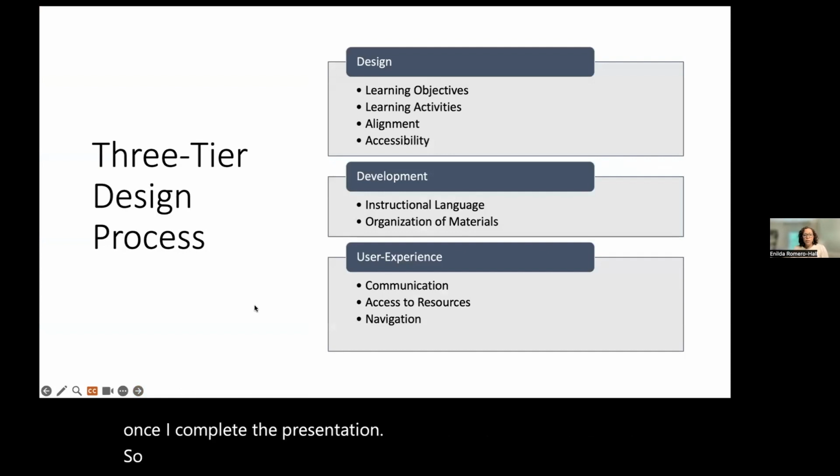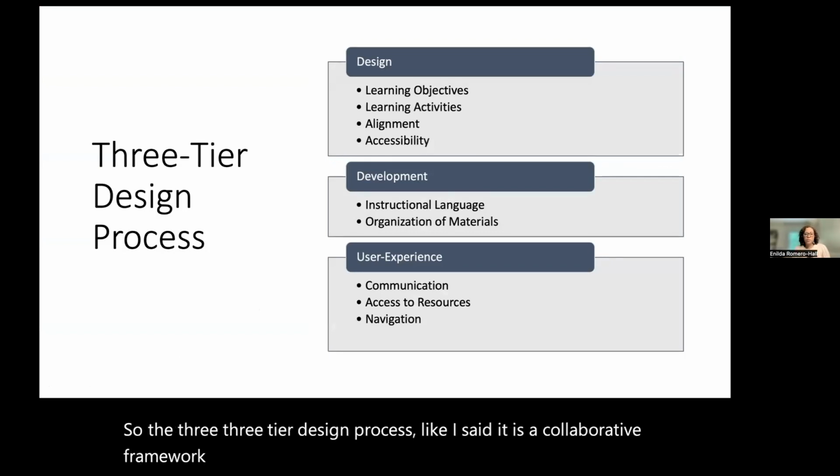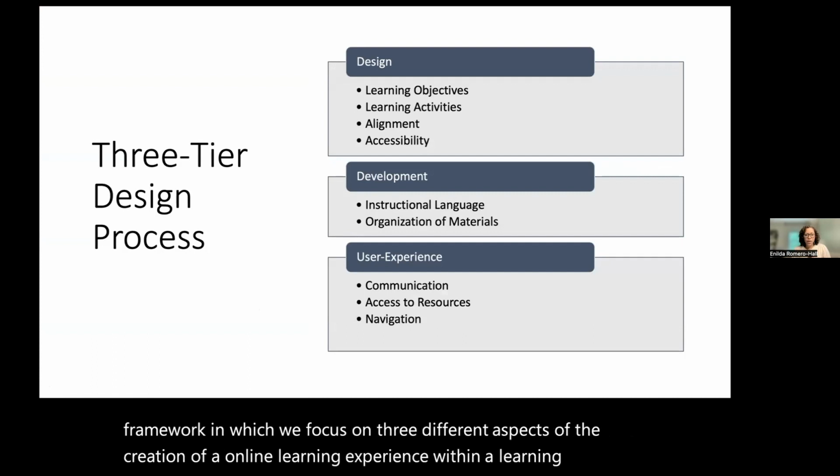So the three-tier design process, like I said, is a collaborative framework in which we focus on three different aspects of the creation of an online learning experience within a learning management system.